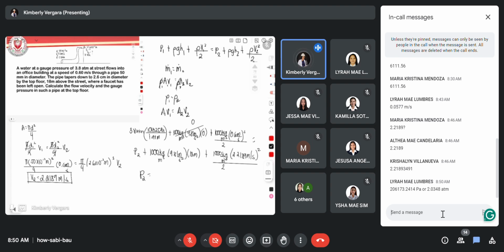So 206173.2414 Pascal, and then converting this to atm, divided by 101325 Pascal per 1 atm, so this will be 2.03 atm. Okay, so the pressure became greater. Please give a thumbs up if you got the same answer.